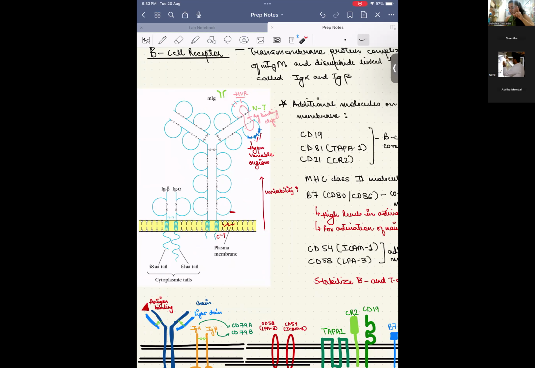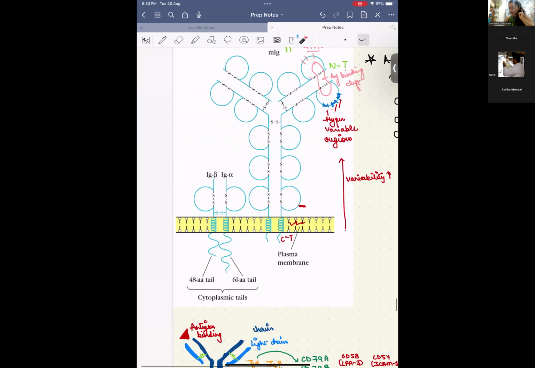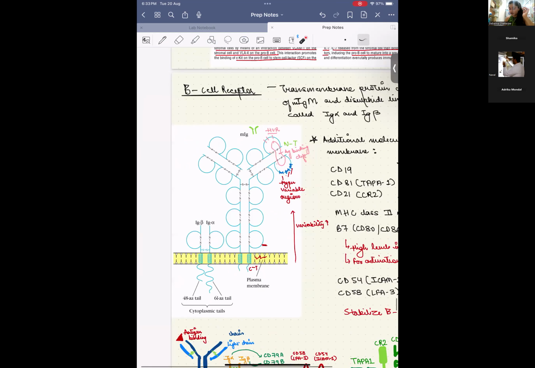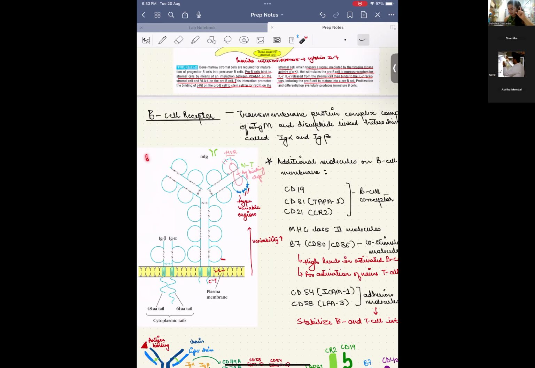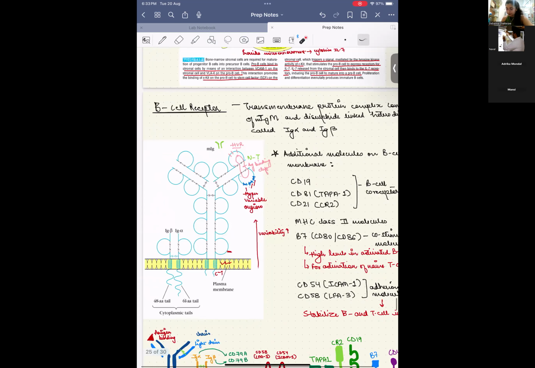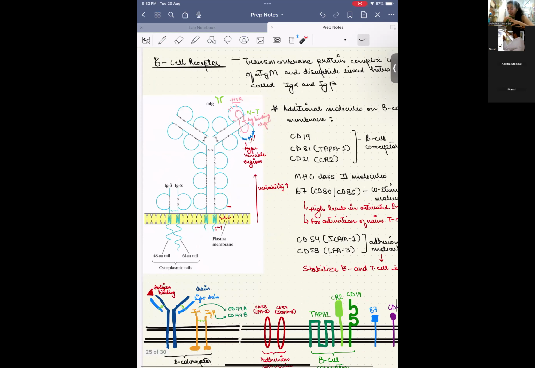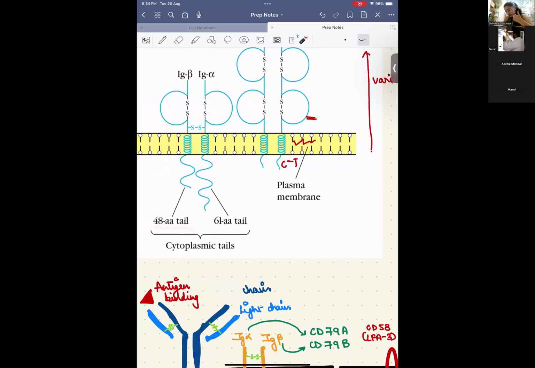That job is performed by the Ig beta and Ig alpha molecules, which are present in very close vicinity of your membrane bound antibody. These two complexes together constitute the B cell receptor. The Ig beta molecule here has a 48 amino acid long tail, and the tail for Ig alpha is even longer, somewhere around 61 amino acids.